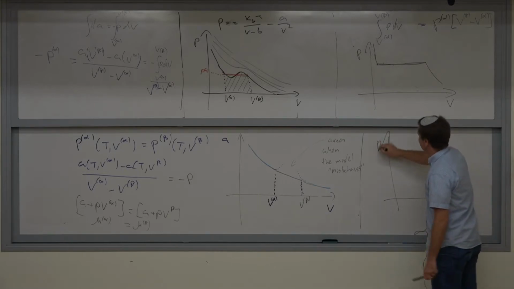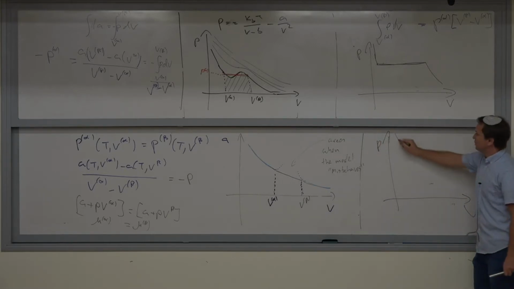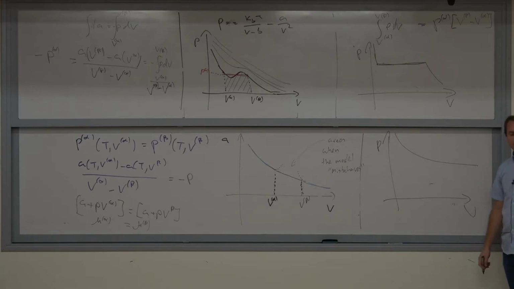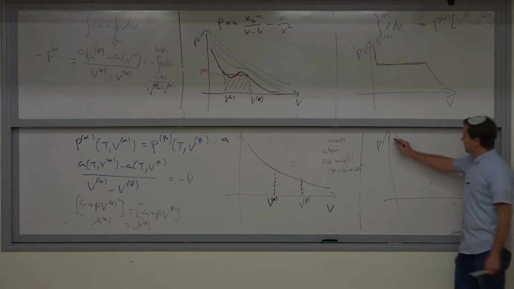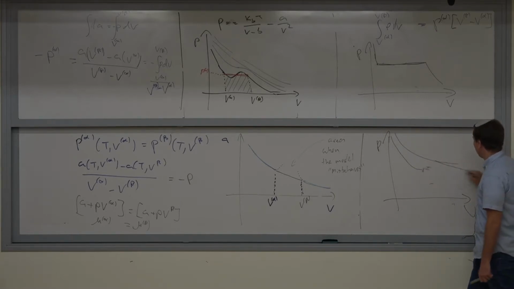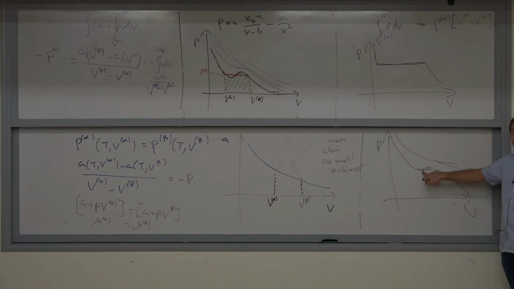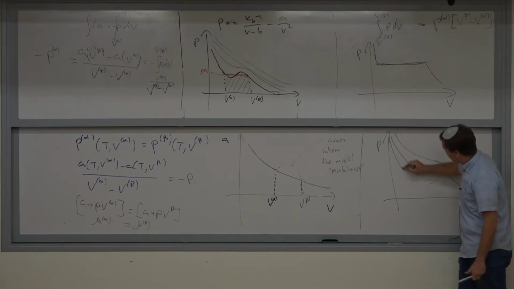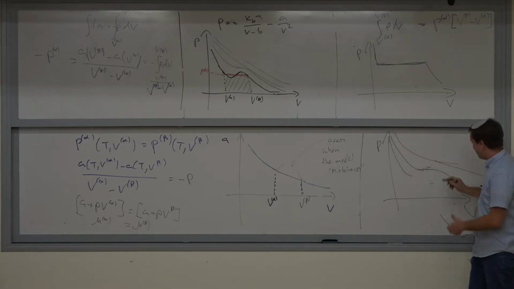This is P, this is V. It will generally decrease as a function of V for high enough T. It will have an inflection point where a second order phase transition will occur. Below that, the behavior changes and is plotted very differently.